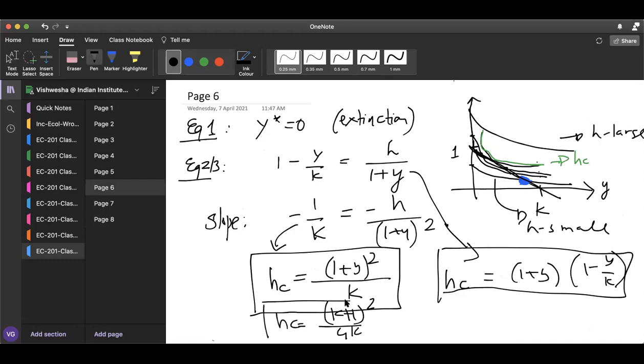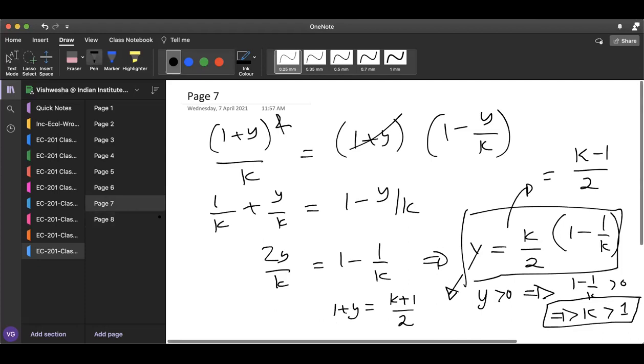So hc is now nicely expressed entirely in terms of k. Is that clear? Your suggestion helped me write down the final form of hc. Any other questions?